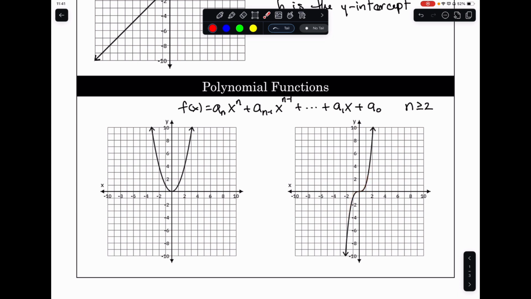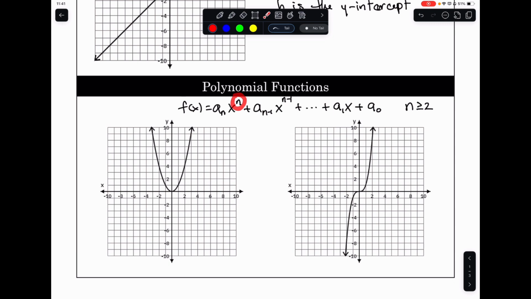Now, the direction that the right end goes correlates again to what this value is right here. Recall that if this number is positive, then the right end is going to point upwards. But if that number is negative, then the right end would be pointing downwards. Now, the left side correlates to the exponent.